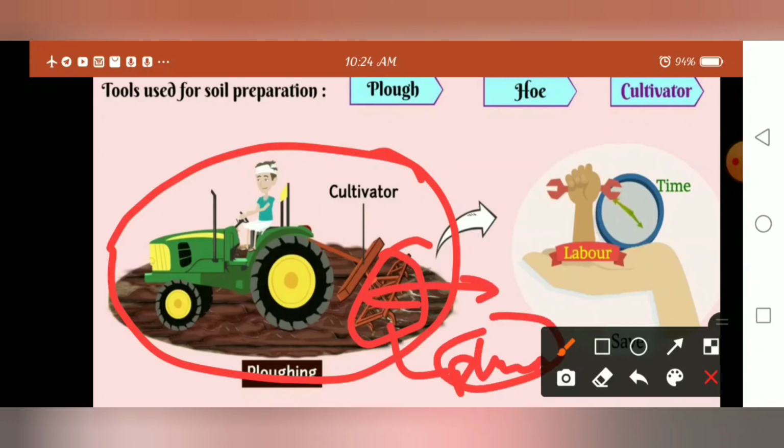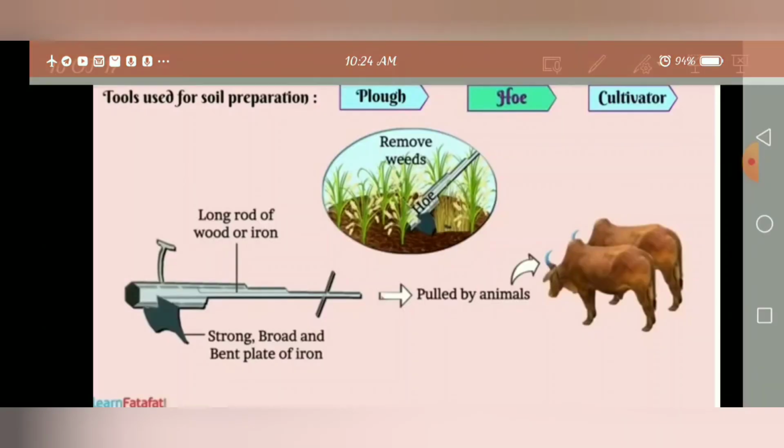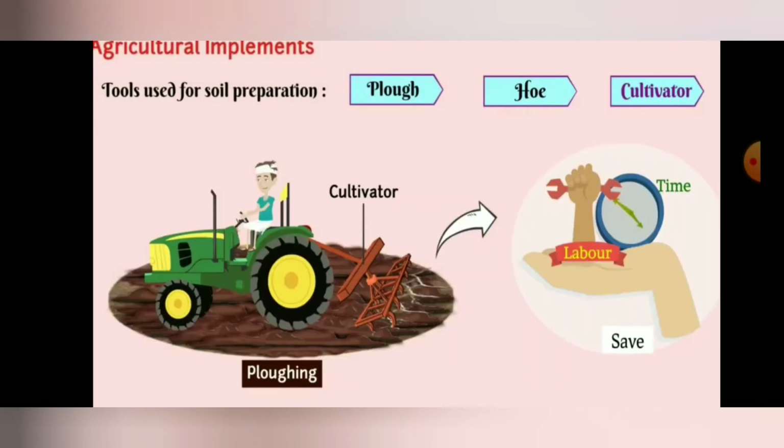It is made completely of iron. So nowadays the plough is replaced by what? The cultivator. It will save time. That's why nowadays farmers are using more cultivators, not the plough.